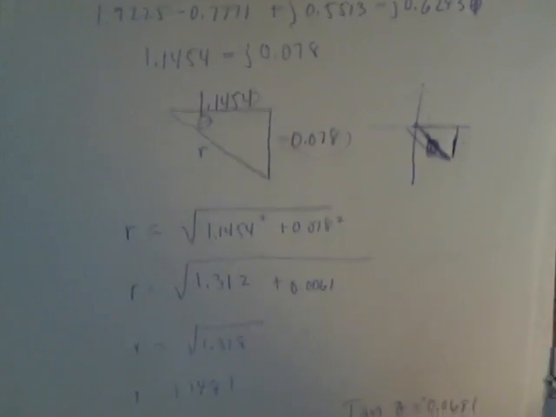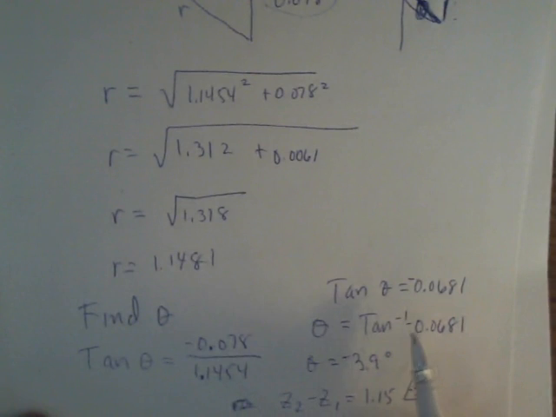Okay, just a lot to remember. A lot to remember. All right, so what I end up with is, once I do tan inverse of the negative 0.0681, I get negative, I think on my calculator I got negative 3.895, but I'm rounding to 2 decimal places.